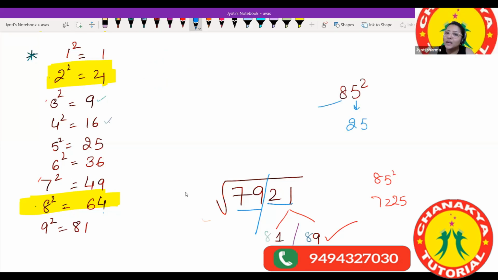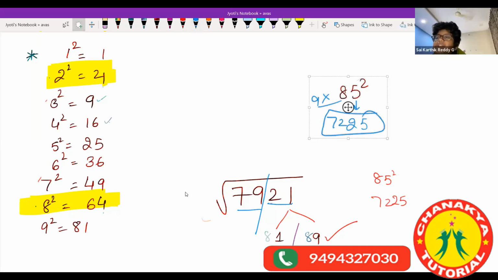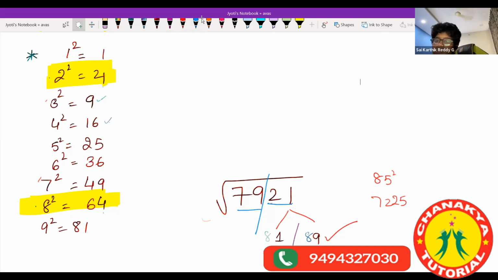You need to multiply this 8 by 9. 8 9s are 72. We have learned squares with different methods. This is the method to find the square of a number ending with 5. That is the reason I keep saying, please don't miss your class.